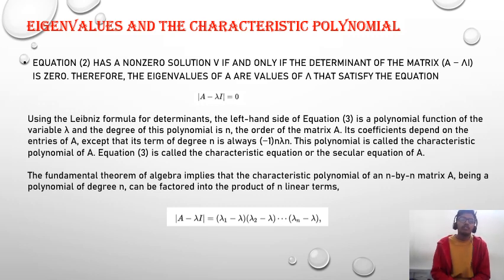Using the Leibniz formula for determinants, the left-hand side of the equation is a polynomial function of the variable λ, and the degree of this polynomial is n. The fundamental theorem of algebra implies that the characteristic polynomial of an n by n matrix, being a polynomial of degree n, can be factored into the product of n linear terms: det(A − λI) = (λ1 − λ)(λ2 − λ) … (λn − λ).